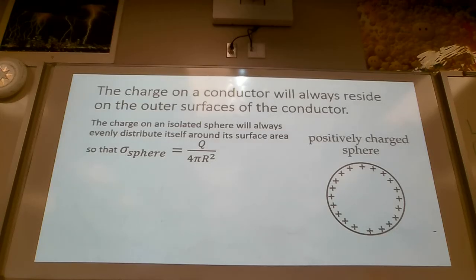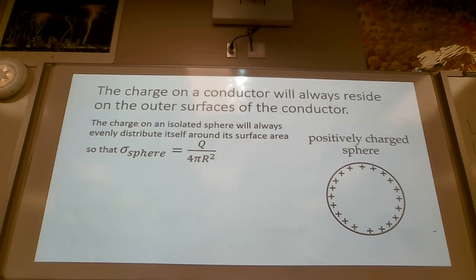So if we have a charged metallic conductive sphere, a special case scenario, but that special case scenario is very popular in this class, what we have is a certain amount of charge over the area of a sphere, 4 pi r squared. Good with that? Everybody tracking so far?